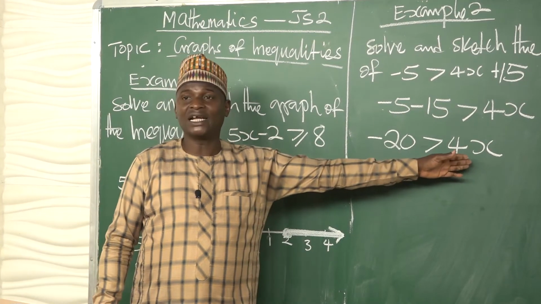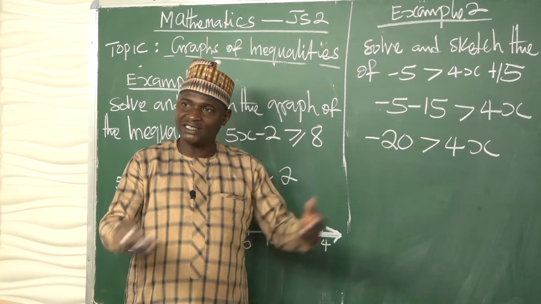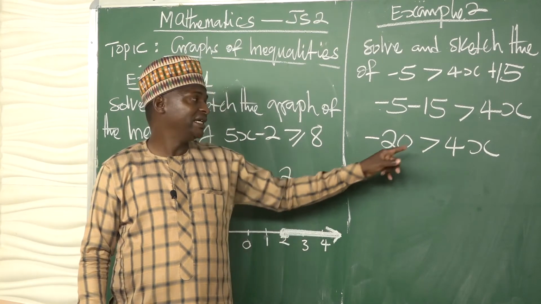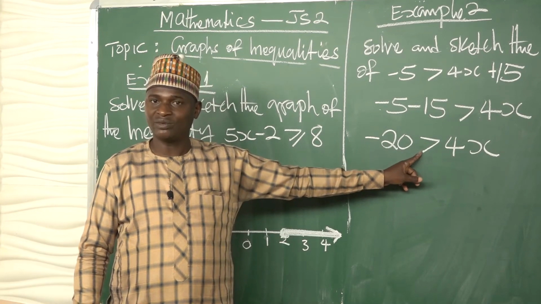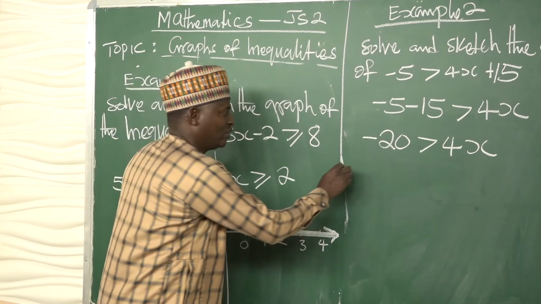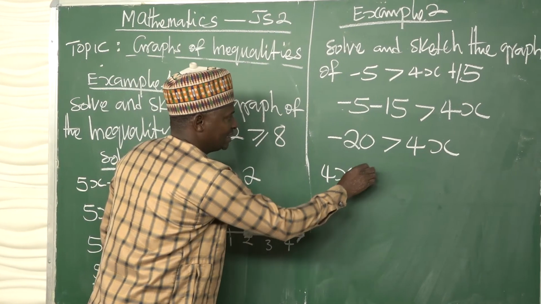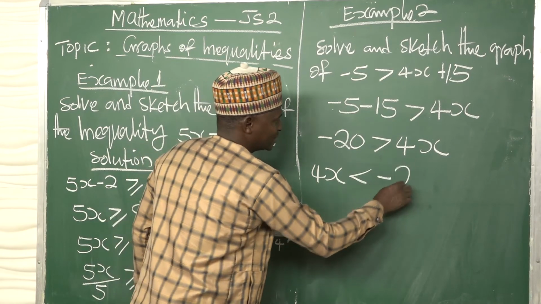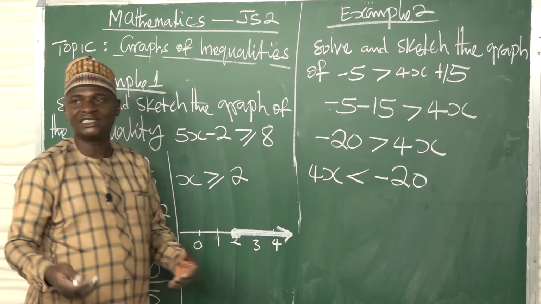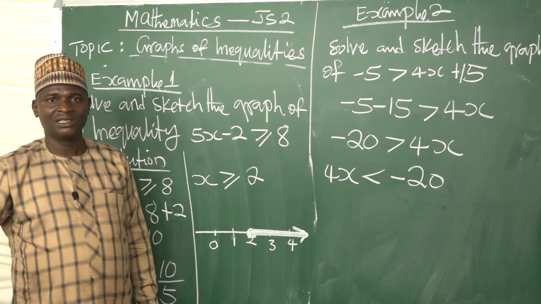Since x is now on the right hand side, we can change it, but when you are doing so, the inequality symbol must be reversed. So we have 4x is now less than minus 20. We have interchanged the sides now.